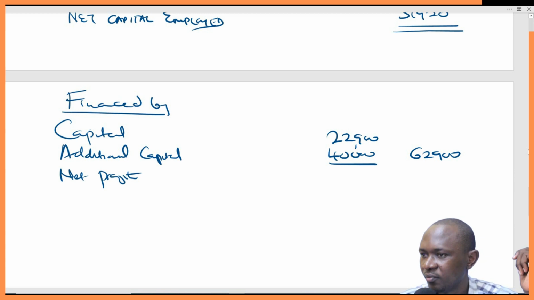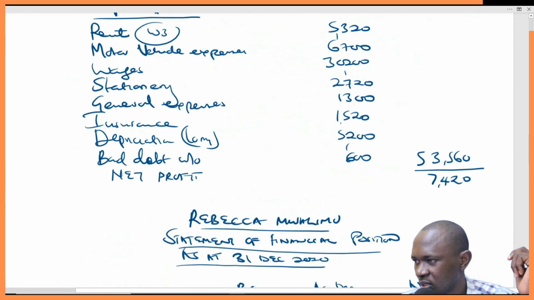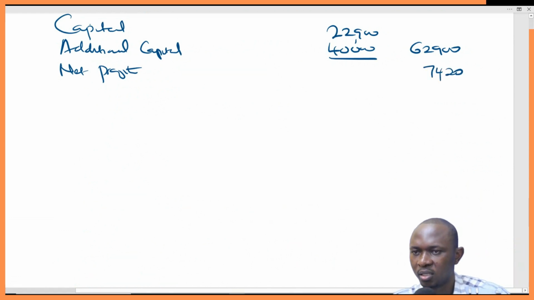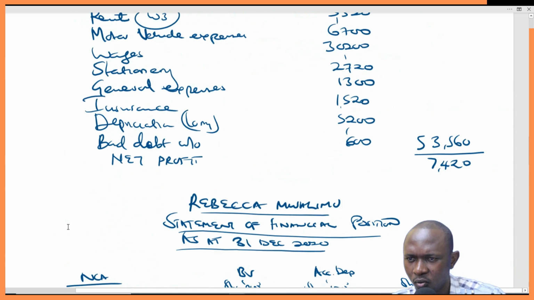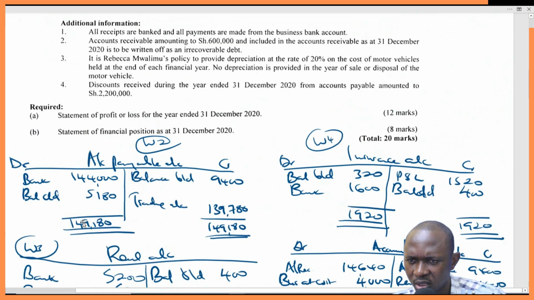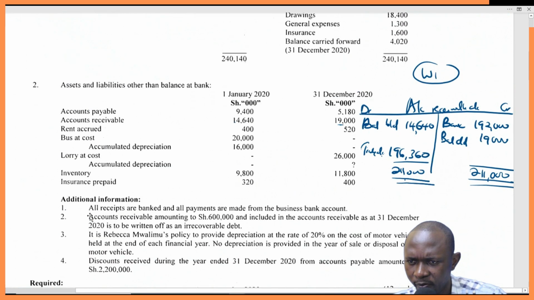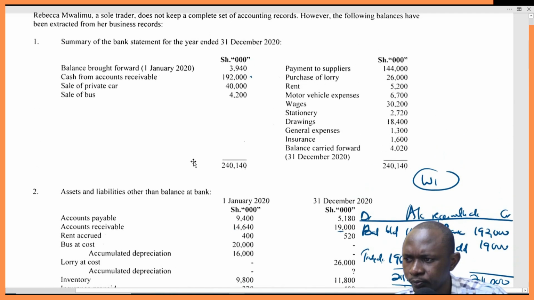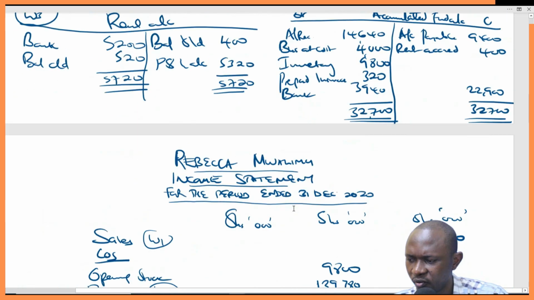Then we add the net profit. Net profit you can get from the income statement, 7420. And then I think there was drawings. Let's check if there are drawings here. Normally for a sole proprietorship it is simply capital plus net profit minus drawings. Yes, there is drawings, 18,400.